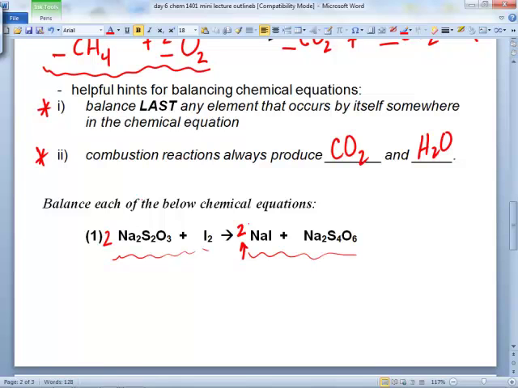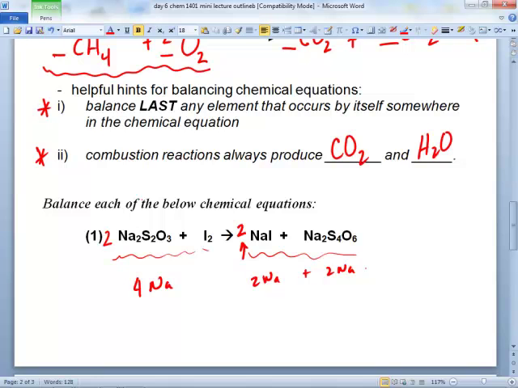Because now our sodiums, 4 sodiums on the reactant side. And we've got 2 sodiums there. And we've got 2 sodiums there. 4. The sodiums work. Okay. Oh, hey, that did work out well, right? Do you have to put anything in front of the I2? Nope.